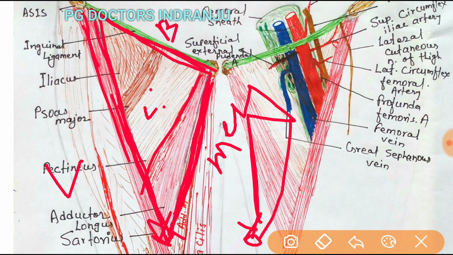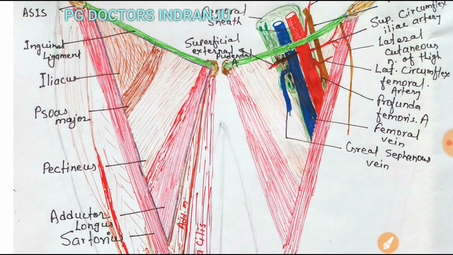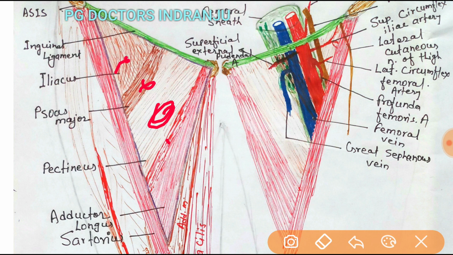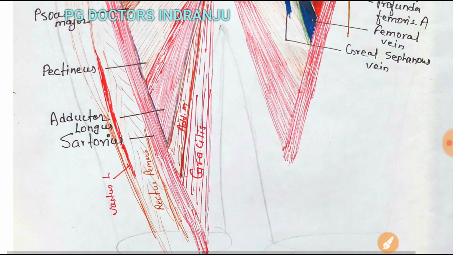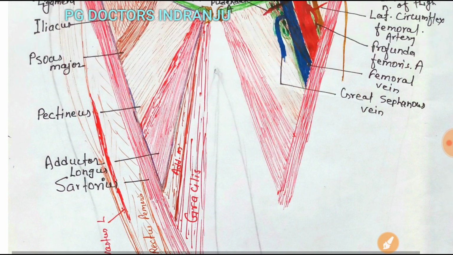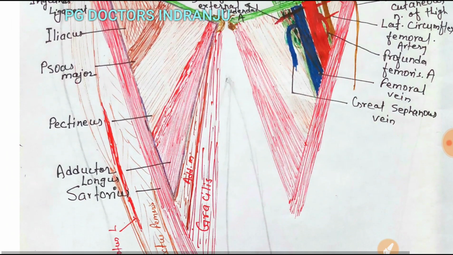So we have to focus on the femoral triangle. The floor structure is formed by part of the adductor longus, pectineus, psoas major, and the iliacus. Here, this is the structure of the femoral triangle.